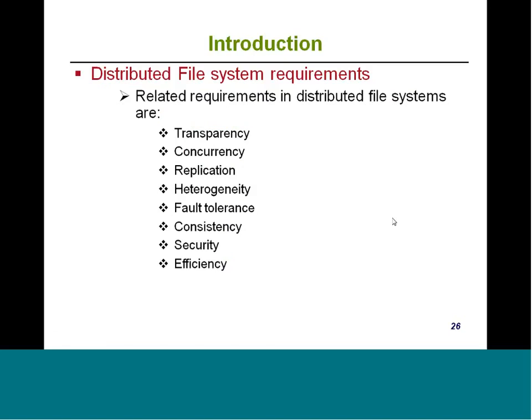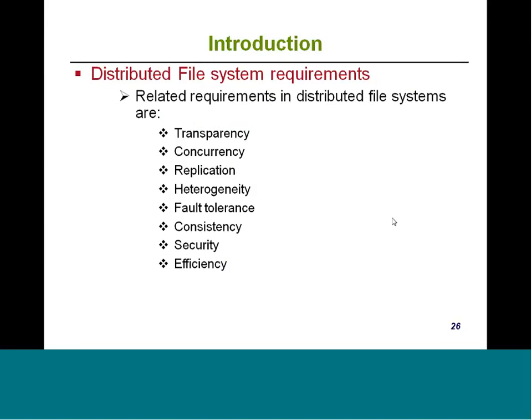So we studied a few things essentially. We will talk about this briefly, and then we will stop at this point, and from the next time onwards we will expand on this. First of all, I'll give you all the definitions of these different terms, and then we will move forward. So I just wanted to give you the distributed file system requirements.